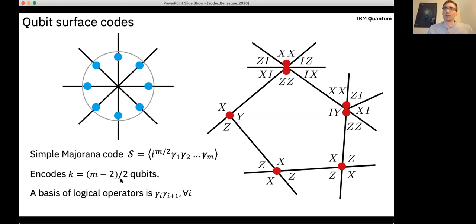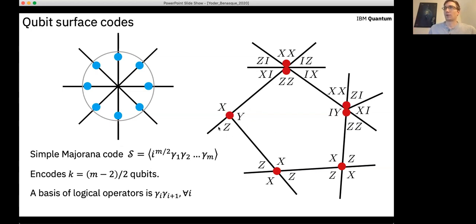And so we'll just place that many qubits at the vertex, and that will take care of this Majorana stabilizer. So instead of representing this code space with Majoranas and a stabilizer, we'll represent it just with qubits. This means that we place 1 qubit at degree 3 vertices, 1 qubit at degree 4 vertices, 2 qubits at degree 5, 2 qubits at degree 6, and so on. 3 qubits at degree 7.